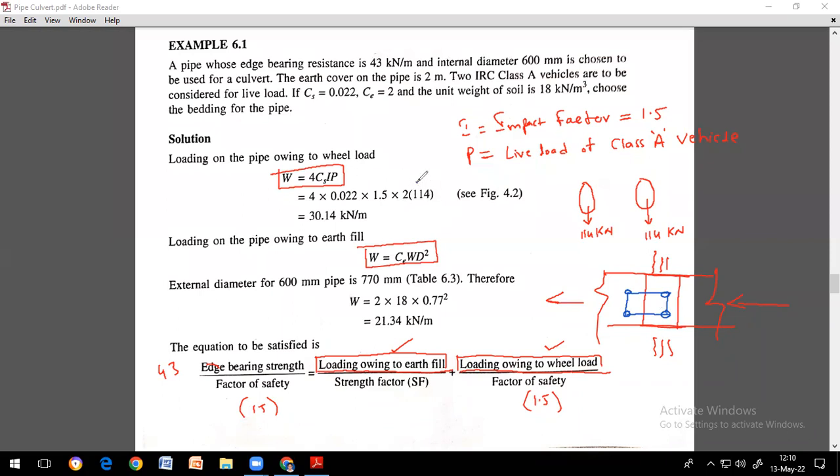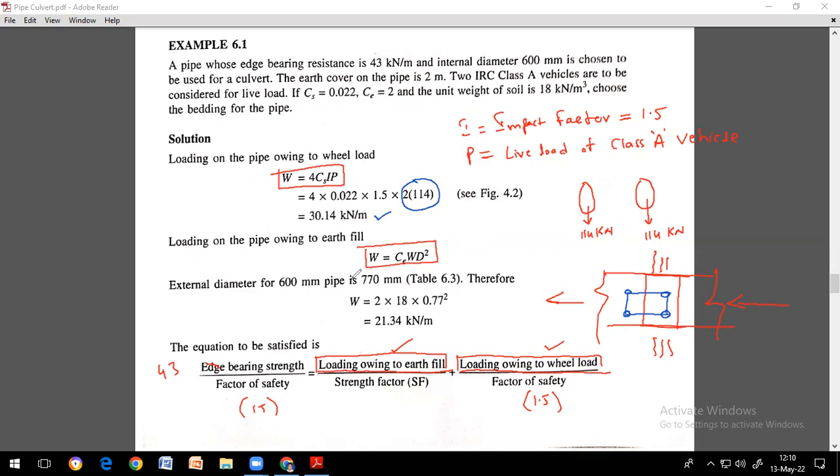This is the live load acting on the pipe culvert. So 4 into 0.022 into 1.5 into 2 into 114. 2 into 114 means the load of 2 tires, considered as a point load. From this you can calculate the loading on the pipe due to wheel load: 30.14 kilonewton per meter.